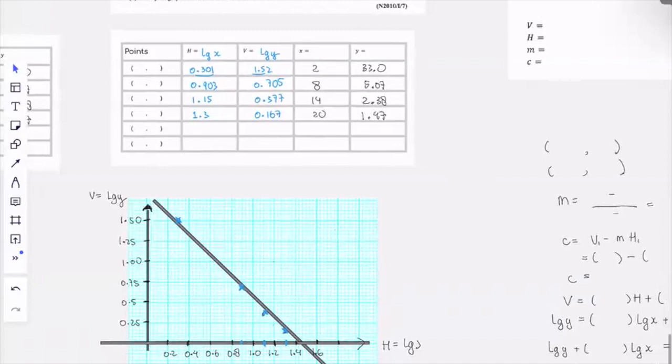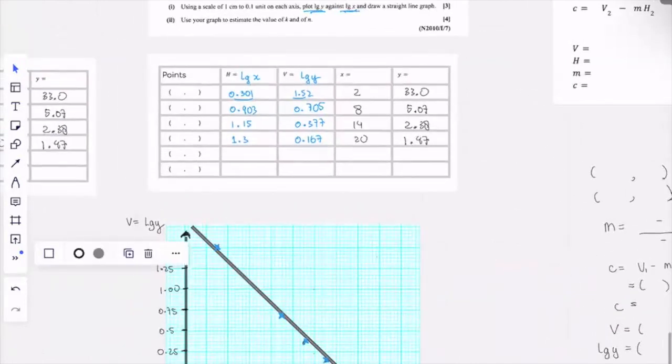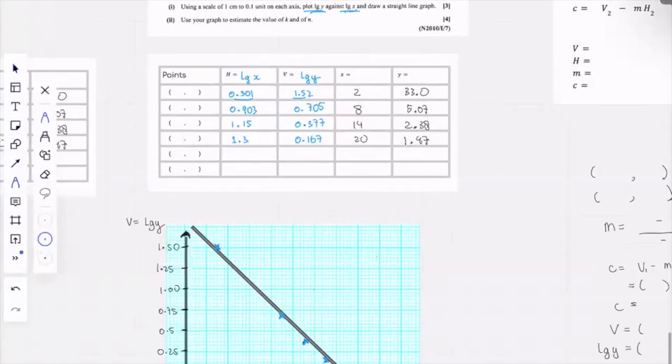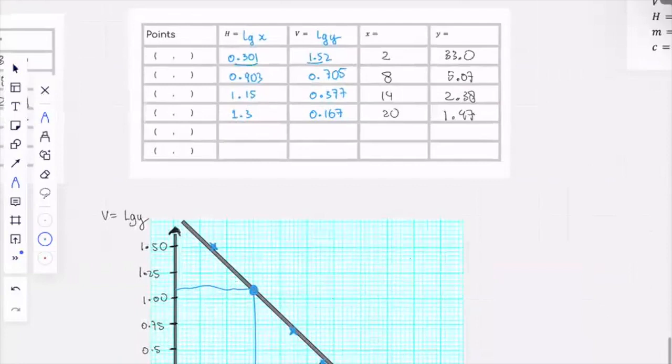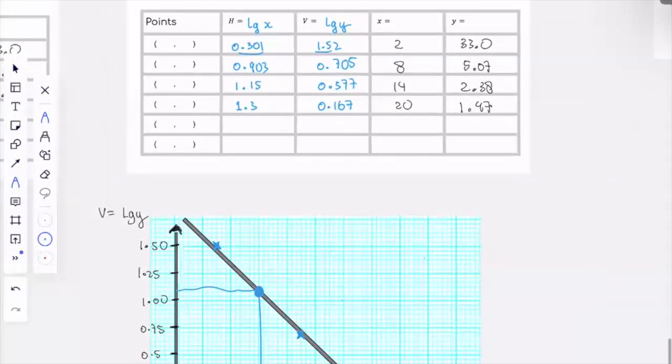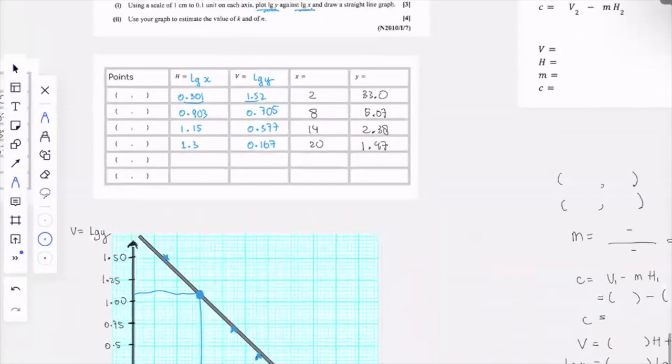Next step, we must find 2 points on the line, the ones that are easy to calculate. What point is easy for us to calculate? Maybe around 0.6, yeah? 0.6, maybe 1.1, yeah?